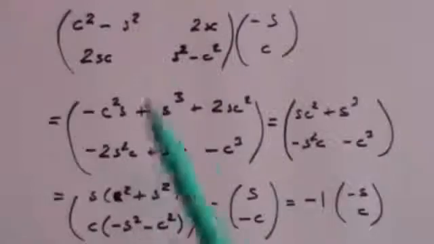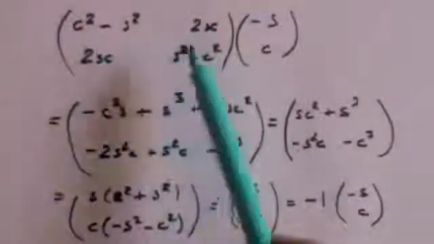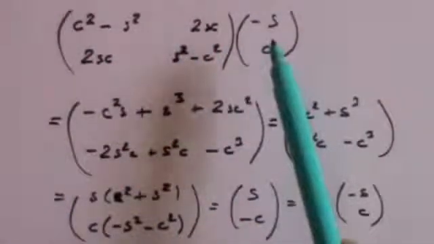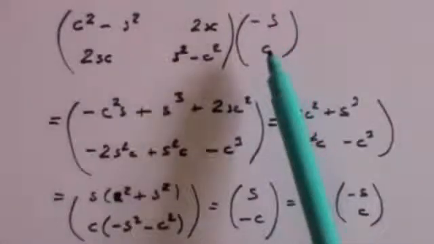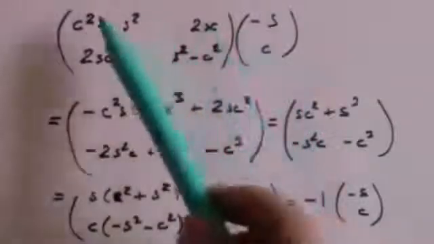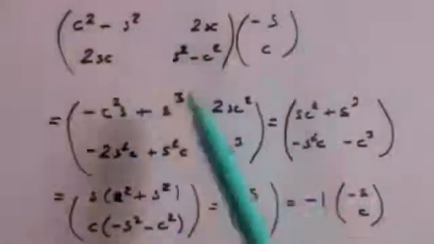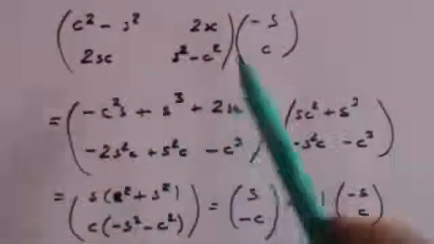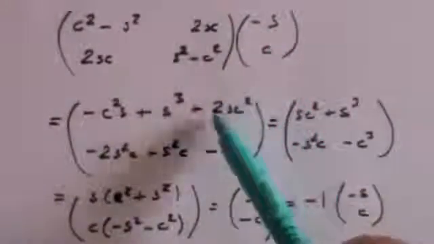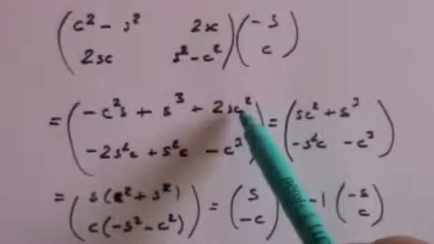So I've written it out. This is the Hermitian operator acting now on the orthogonal version, which is minus sine cosine. If you multiply that out, you will get minus cosine squared sine plus sine cubed plus this term times this term, which will be 2 sine cosine squared.